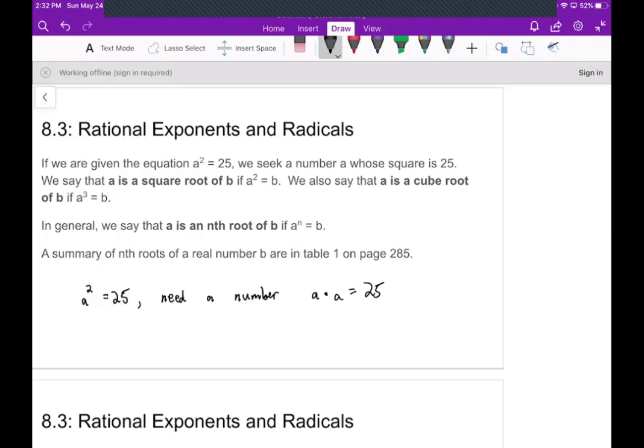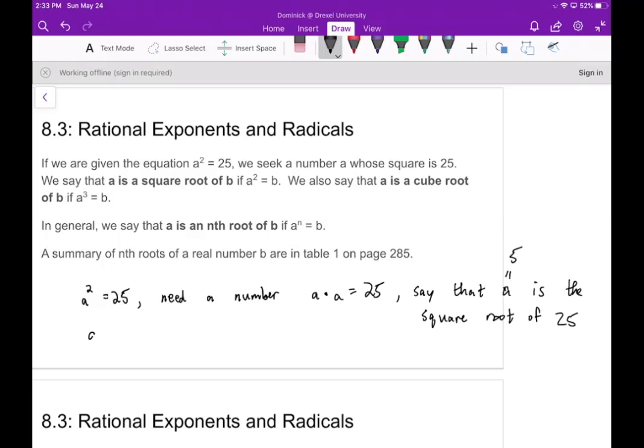So what is that number? Of course we say that a is the square root of 25, and in this case, a would be 5.